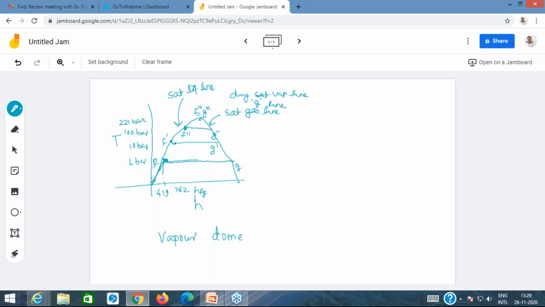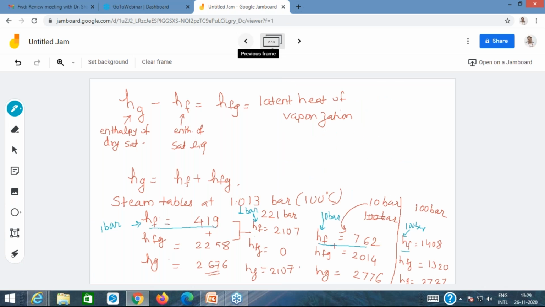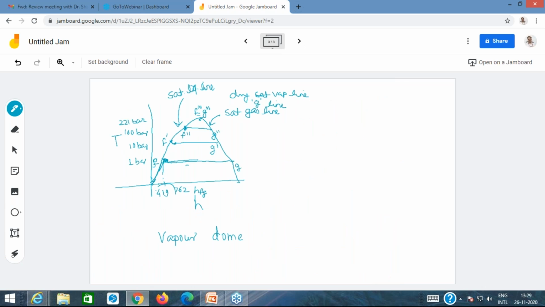What information you get from this is that if you use the boiler at 1 bar, you will require around 411 kilojoules of heat to convert it into saturated liquid. Then you would require around 2258 kilojoules per kg for phase transformation, and finally you will get dry saturated steam.